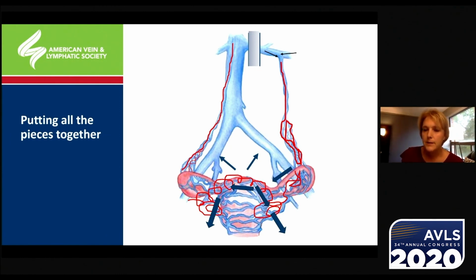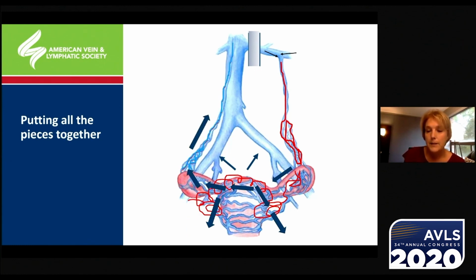What happens is we get this retrograde filling of these pelvic varices, and they manage to make their way out of the pelvis. It can be a left ovarian vein issue with veins that cross over the pelvis onto the right side, and they can present themselves in the right groin and the right lower extremity, or just straight out the left side. But what happens when that doesn't happen and we have uncompensated flow?